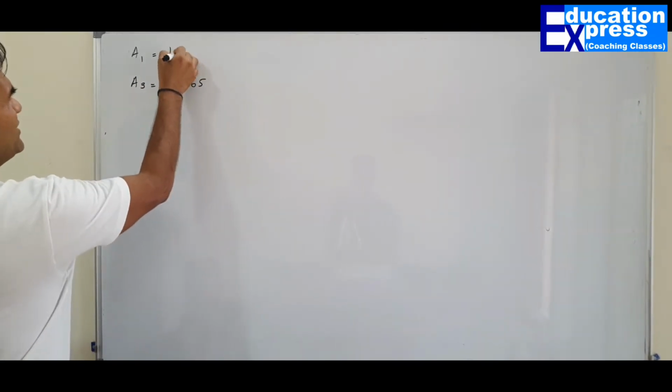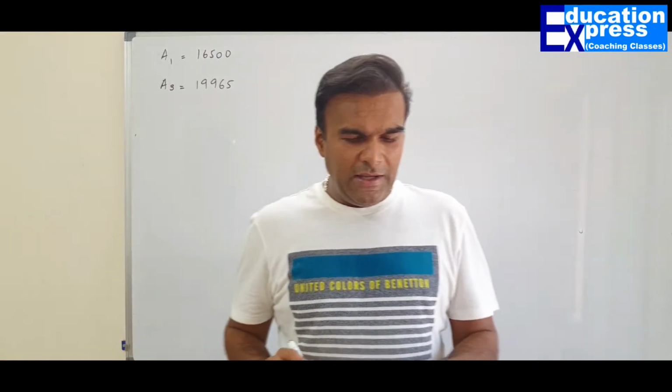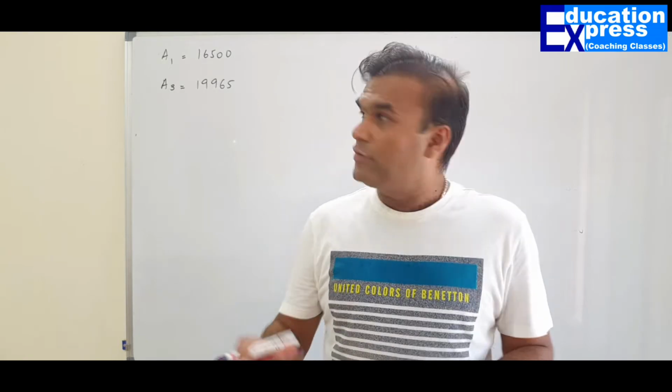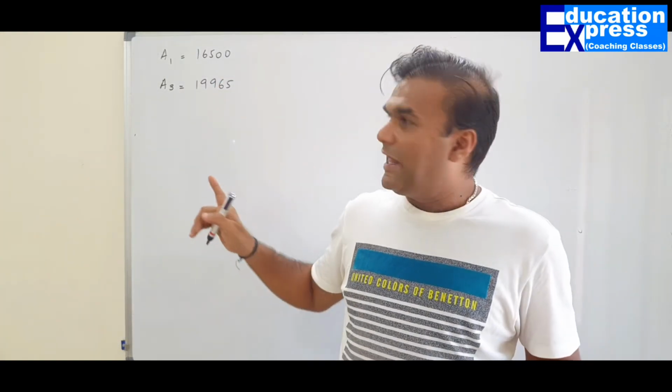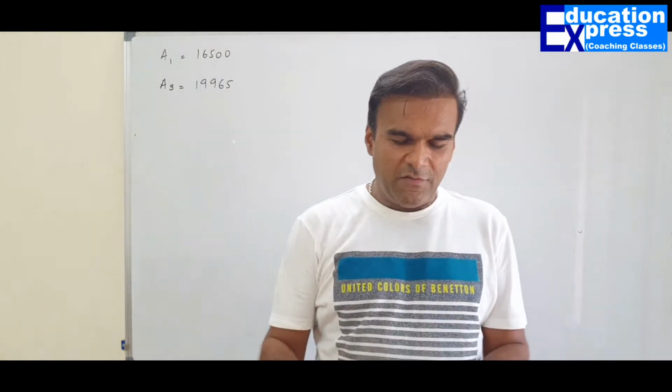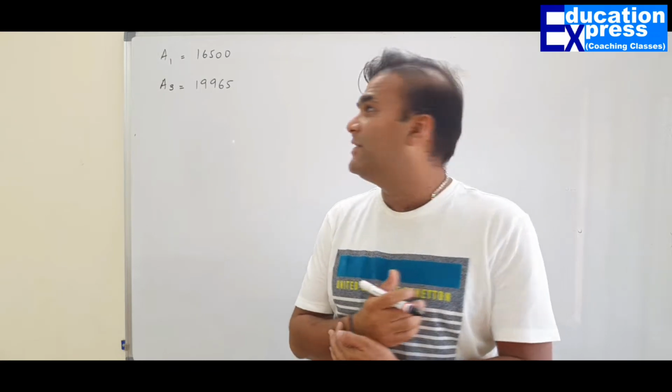Let me confirm it. Amount at the end of first year is 16,500, whereas amount at the end of 3 years is 19,965. Find the rate and the original sum invested.